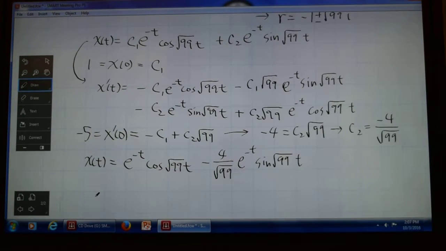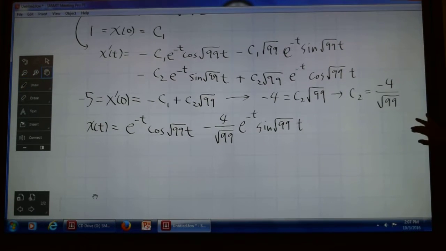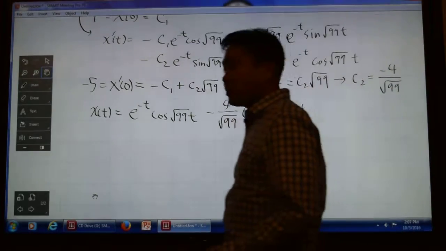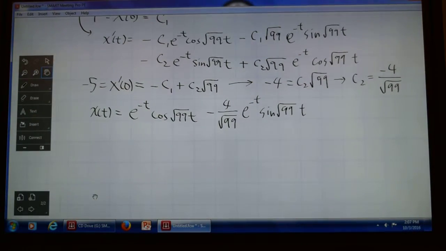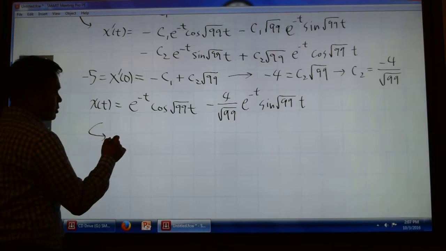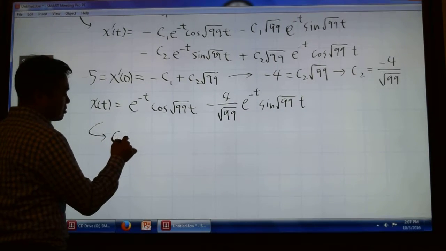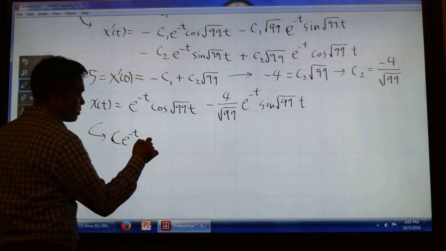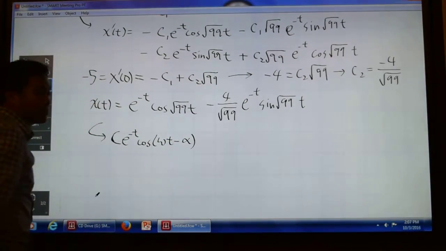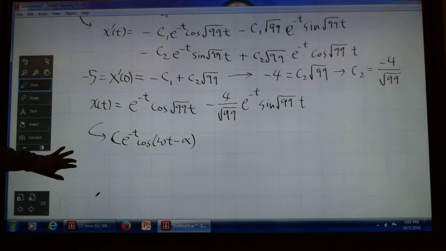Okay. Now to find the pseudo frequency or pseudo period, you have to put this into a single function. So let's do that. Again, we're trying to put this into c times e to the negative t times cosine of omega t minus alpha, where omega is this number, square root of 99.